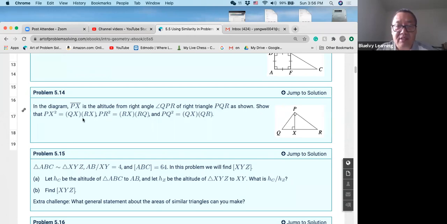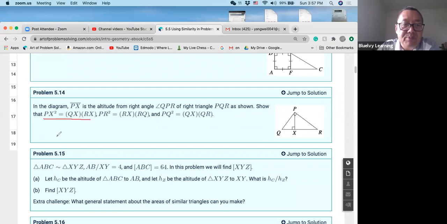They ask us to prove PX squared equals QX times RX, and PR squared equals RX times RQ, and PQ squared equals QX times QR. This one is very important, but they all come from the similarity of the 3 pairs of triangles.